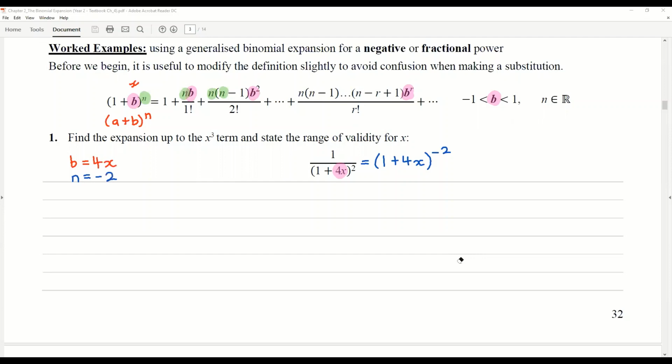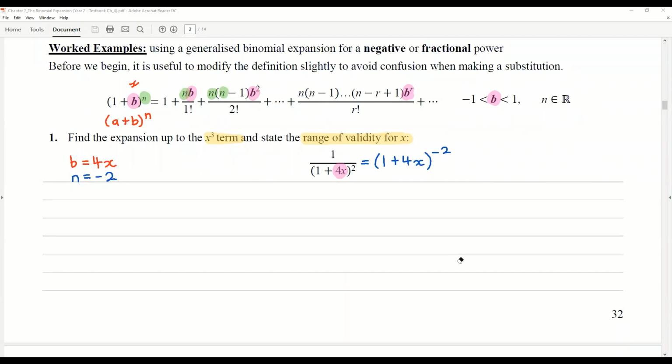So there are just two substitutions to make. And once you've established your n and your b, you're free to substitute everything in. Another thing we also need to keep an eye on is how many terms. So we're only interested in up to the x cubed term. And we also need the range of validity, which is that property we've just been looking at. So let's get straight into it.